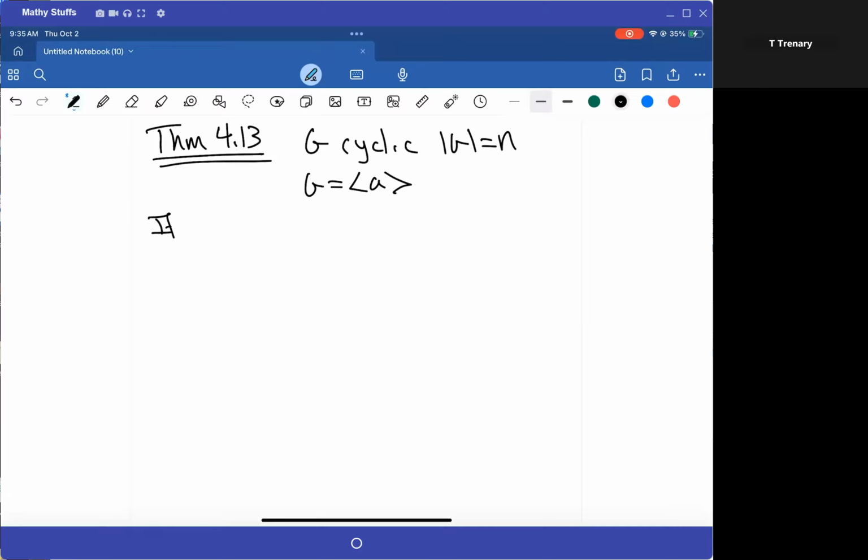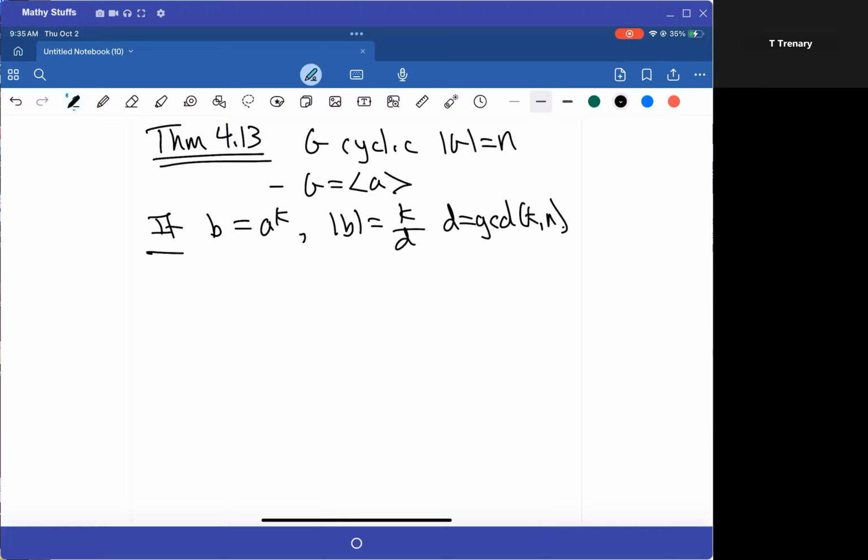If b is some element that's equal to a to the k, so b is an element of this group G here, then the order of b is k over d, where d is the GCD of k and n.